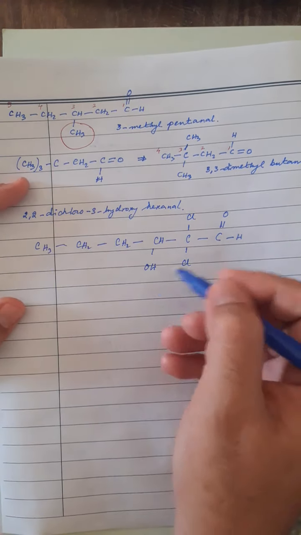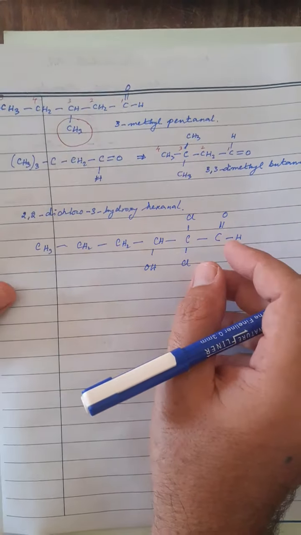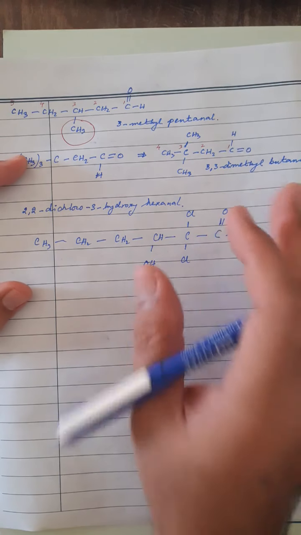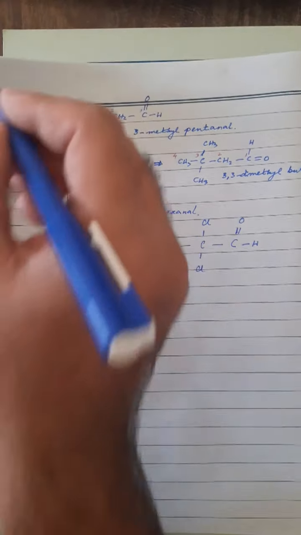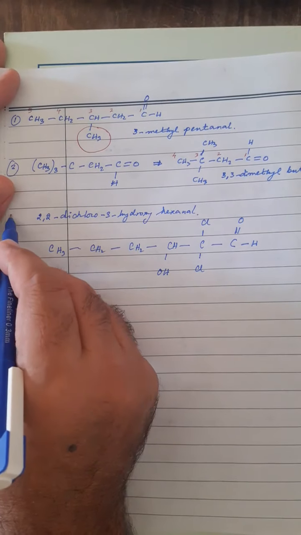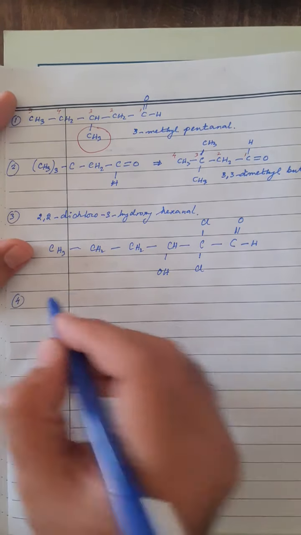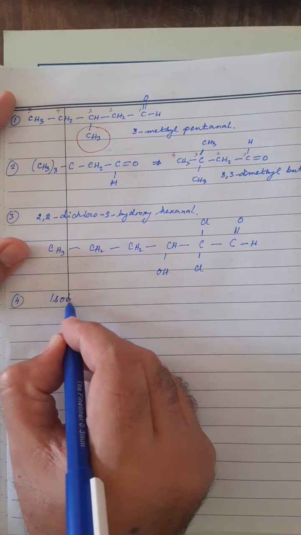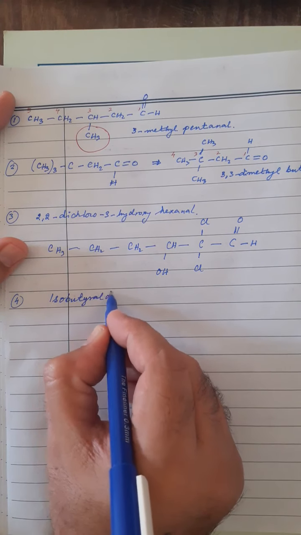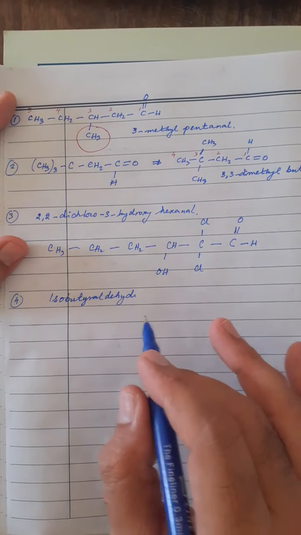So naming from structure or drawing a structure from a name in the aldehydes is super easy. Sometimes it can be difficult when the common names pop out and the examiner gives a common name, because I told you common names are not a good success here. Let me make one for you. Isobutyraldehyde. Now, butyraldehyde is simple 4 carbon.